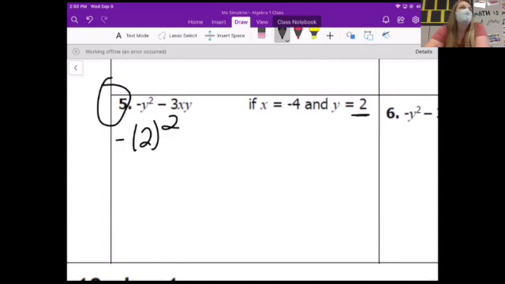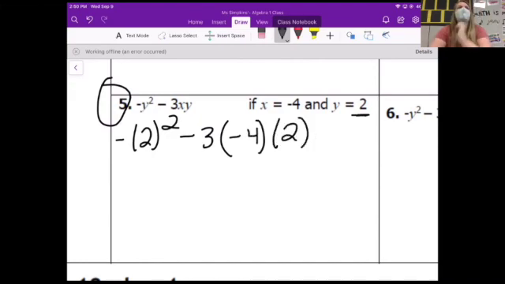That negative is not with the y. What would be there if the negative was supposed to be with the y? Parentheses, right? And there's not any. So we need to make sure that that negative stays outside of those parentheses. So -3 times x, which is -4, times y, which is 2. So that's how I would set up that problem before I start solving.